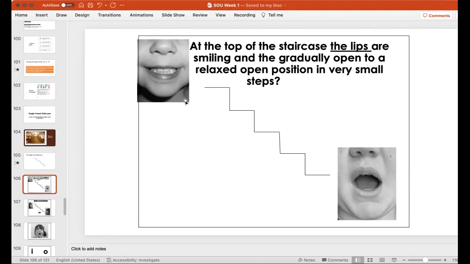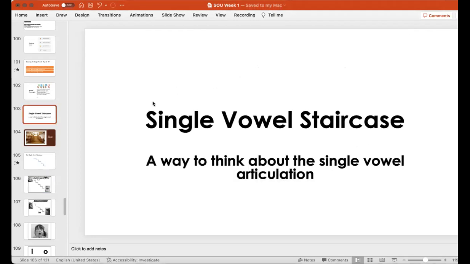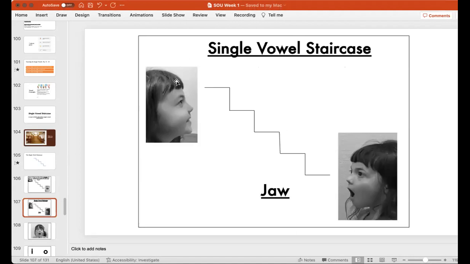The other thing that's harder to feel is what your tongue is doing. At the top of the staircase, the tongue is up high, almost like a T, but when you get to the bottom, it's very flat, in the belly of the jaw. The jaw starts out closed and then opens by the bottom of the staircase.